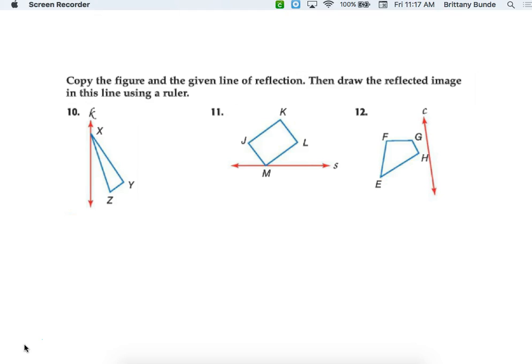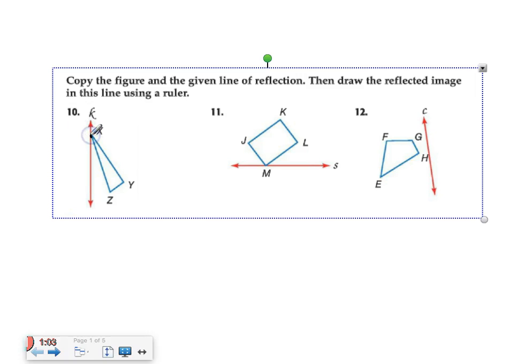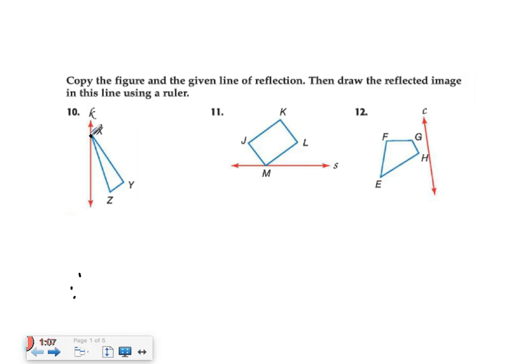So on number 10, I'm reflecting this triangle XYZ over line K. If you notice, X is on our line of reflection K, so that's going to stay there. So there's my X prime. And then, like I said, I'm just going to eyeball.